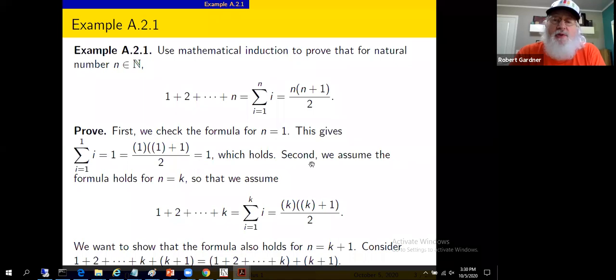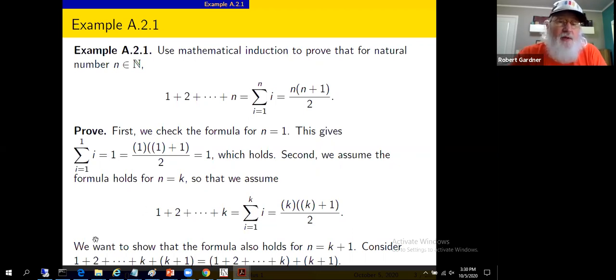Step 2 is to assume the formula holds for n equals k. That is, the sum from i equals 1 to k of i equals k times k plus 1 over 2. So we've plugged n equals k into both sides of this equation, and we're assuming that holds. Now we want to show that the formula holds when n equals k plus 1.